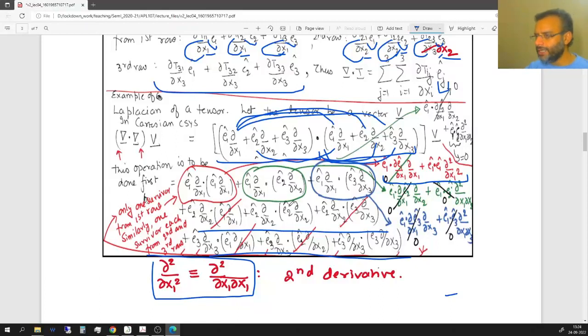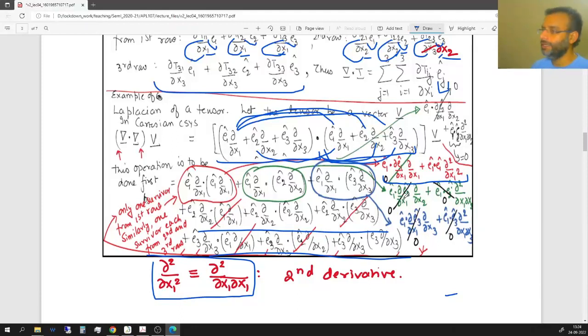We go to the second term. Again, you can expand it if you wish in this way using the product rule of differentiation. But out of these 2 terms you get from the product rule, the first term will go to 0 because the unit vector does not change. But the second term will also go to 0 because now in the second term, E1 is having a dot product with E2.